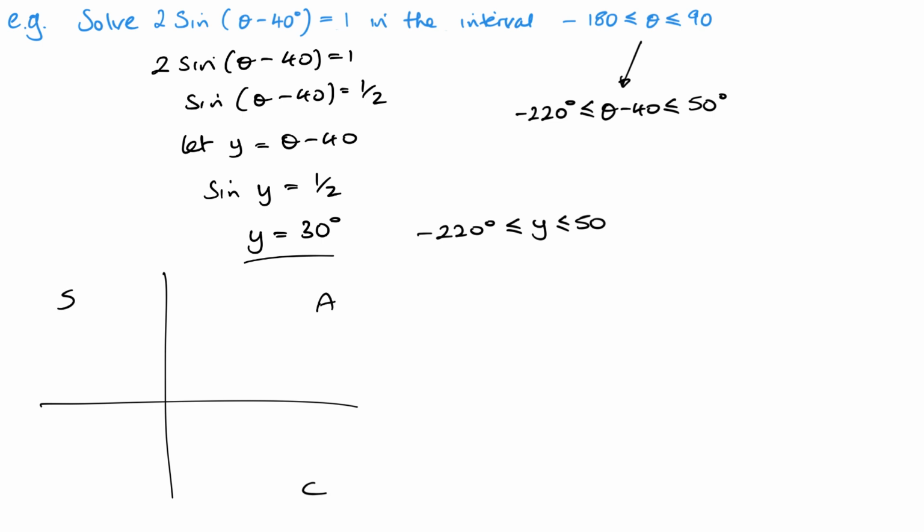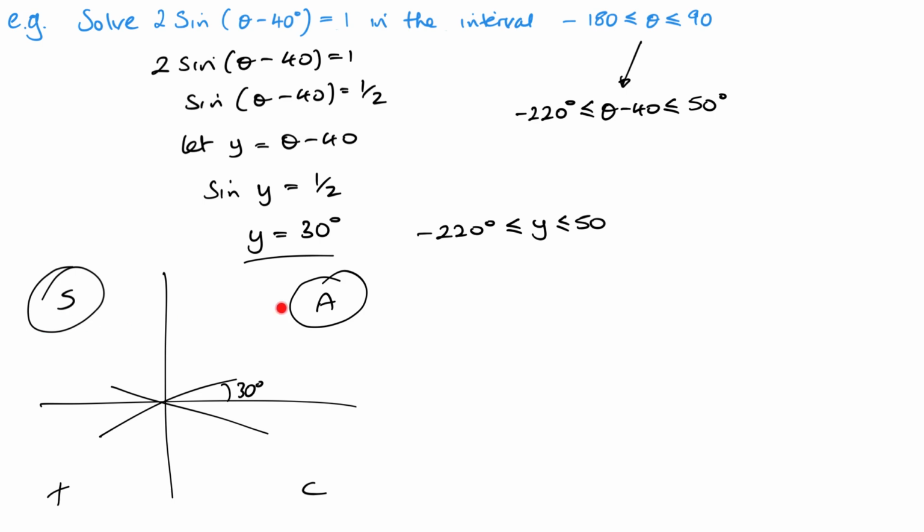So CAST diagram setup, 30 degrees. Now in this one I'm going to need two CAST diagrams. So I will work on the positive first and then I'll work on the negative. So you can see here that sine is positive as it's a positive half.